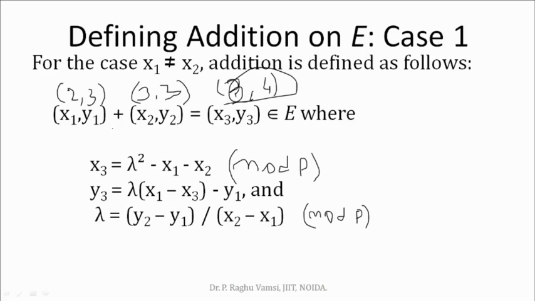1 square minus x1 value 2 minus x2 3. Okay. y3 is equal to lambda, that is slope is 1, times x1 minus x3, minus y1. Here whatever x3 value you get, this will also be moduloed with p.